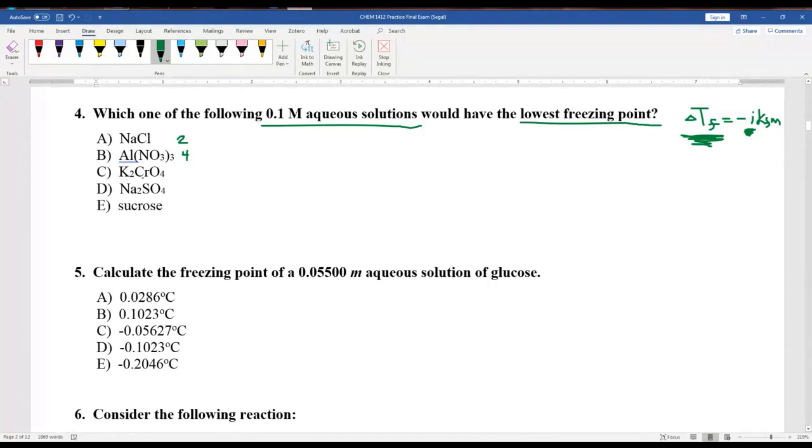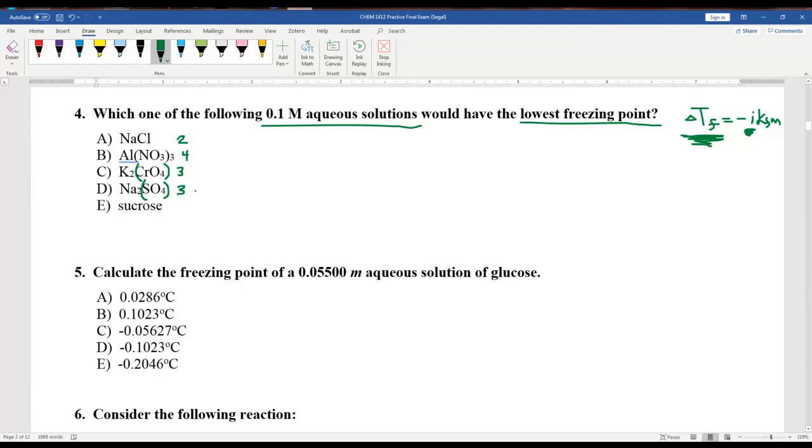Potassium chromate, here's where you have to be careful, because you have to recognize chromate, CrO4, as a polyatomic ion. So that's just 1 ion plus the 2 potassiums, so that'll break up into 3. Likewise, sodium sulfate. Sulfate is a polyatomic ion, so that's only going to break up into 3 ions as well, 2 sodiums and 1 sulfate.